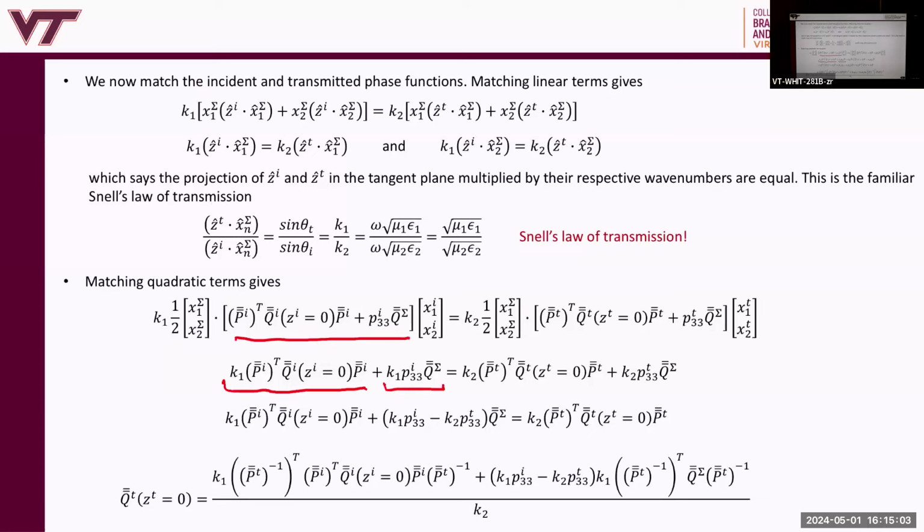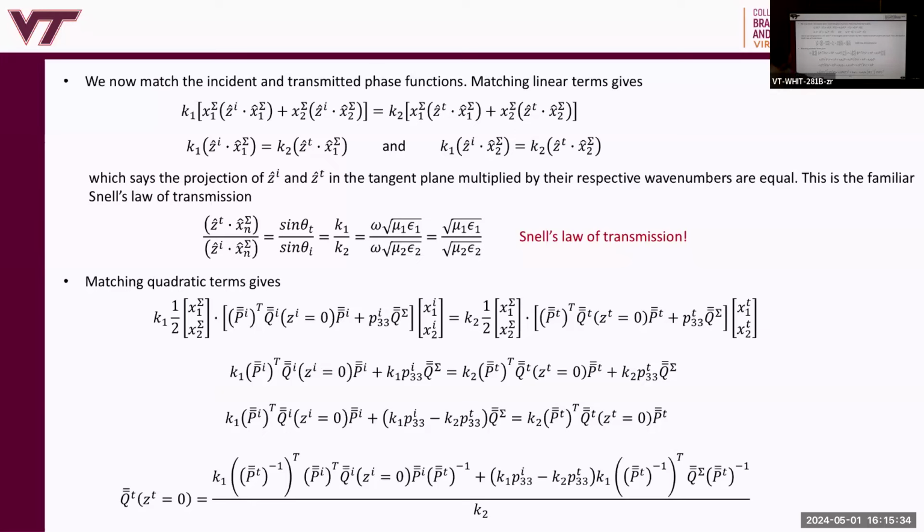That has to equal K2, P transmitted transpose, Q transmitted times P transmitted, plus K2 times P33 transmitted Q sigma, all right? This has to hold for all of the coordinates. Because at the interface x1i is equal to x1t, right?